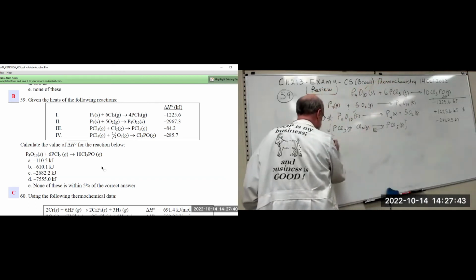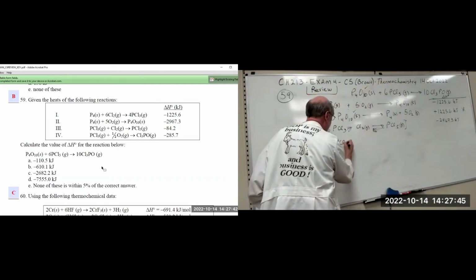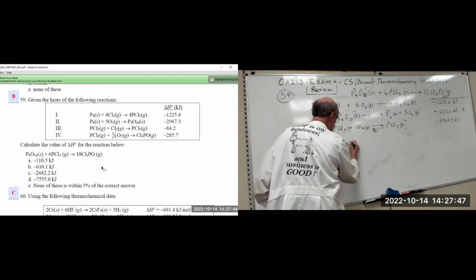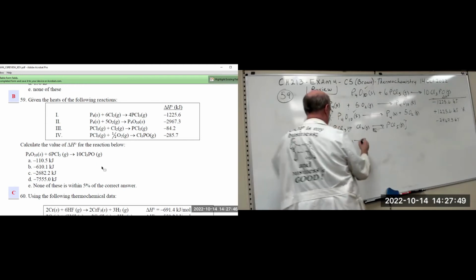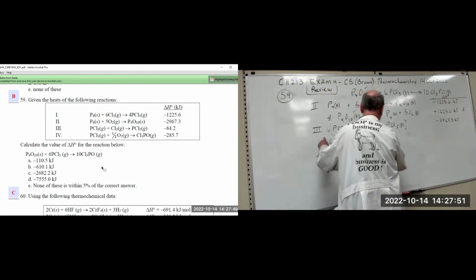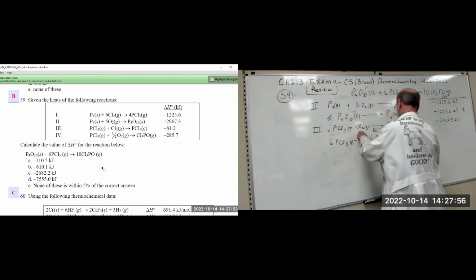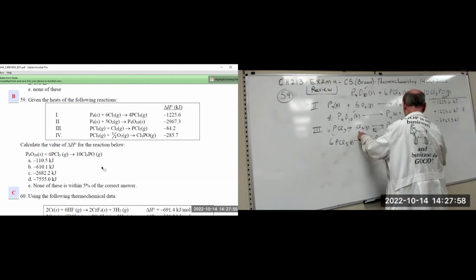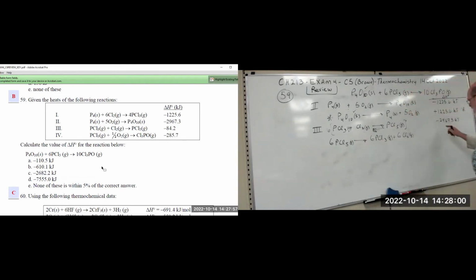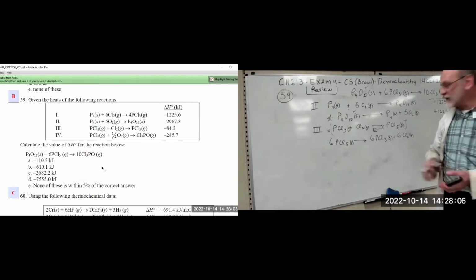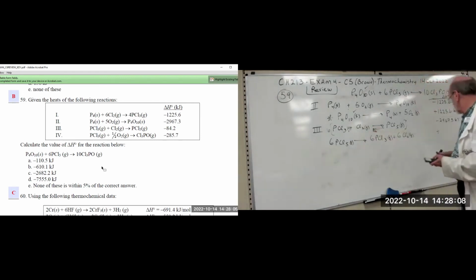So we're going to have 6 PCl5 yields 6 PCl3 plus 6 Cl2. Now, what happens to this value? Well, the sign changes, yes, but we also have to multiply it by that factor, 6.